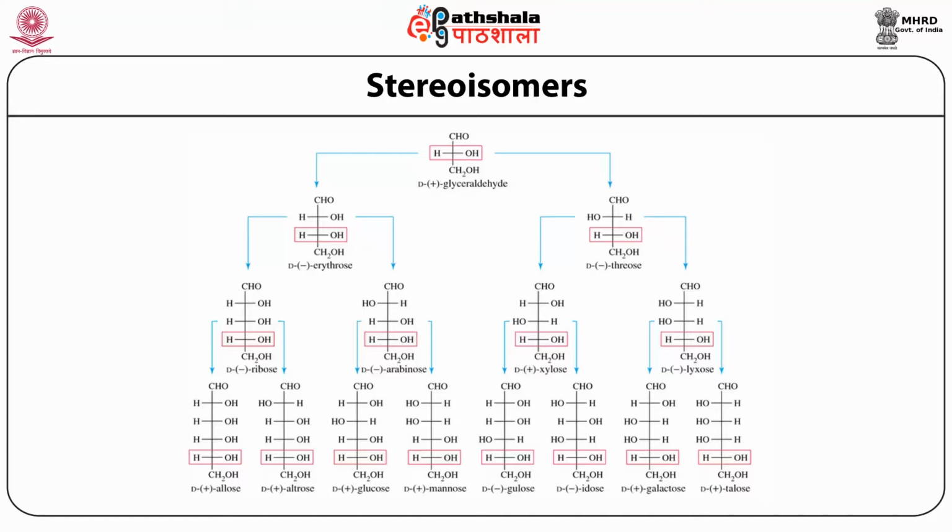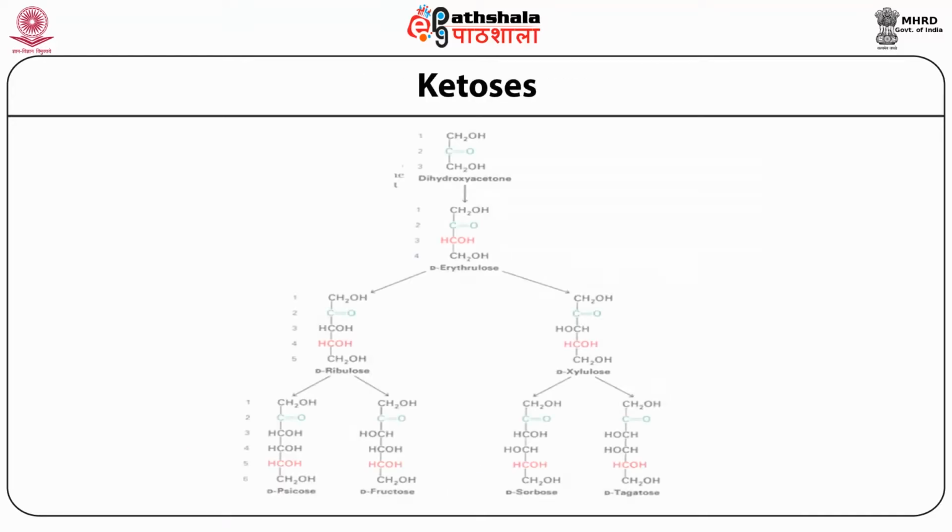In the same manner, L-allose, L-altrose, L-glucose, L-mannose, L-gulose, L-idose, L-galactose and L-talose. Whereas in ketoses, the number of stereoisomers is less than aldoses, because the number of chiral centers is less in ketoses.